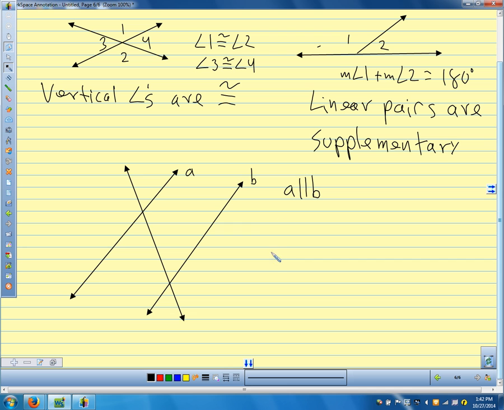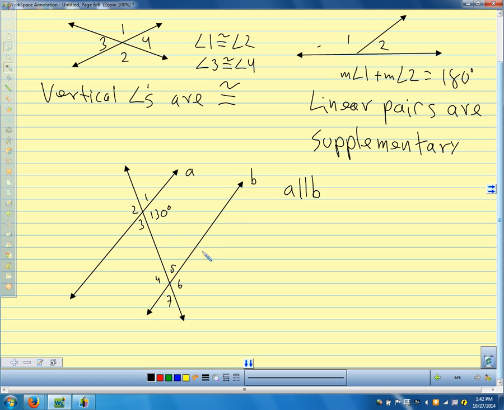All right, guys, so let's stay focused for a second. A is parallel to B, and so these two lines are parallel, and I'm going to say that this angle is 130 degrees. Is this on the real book? Very good.